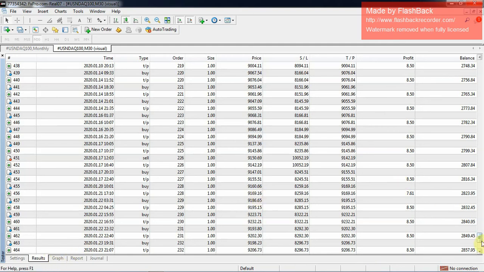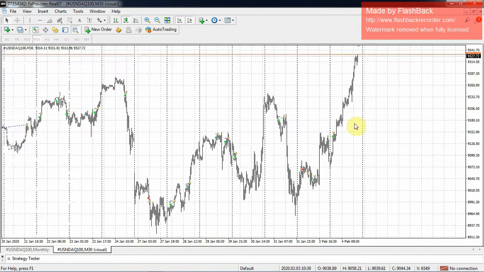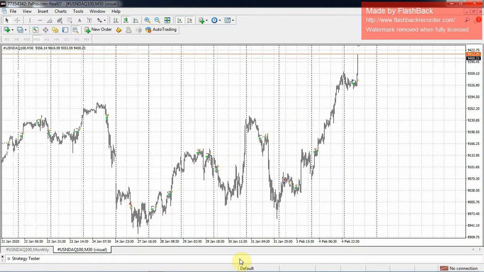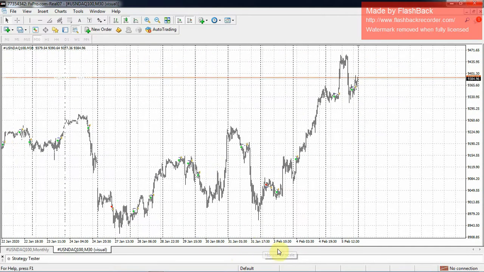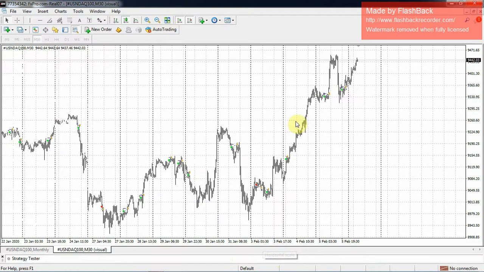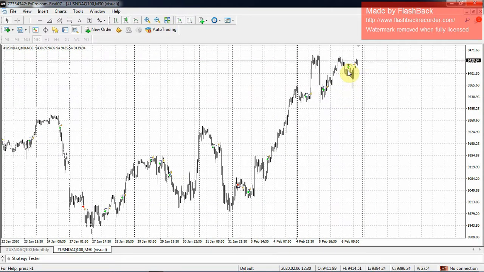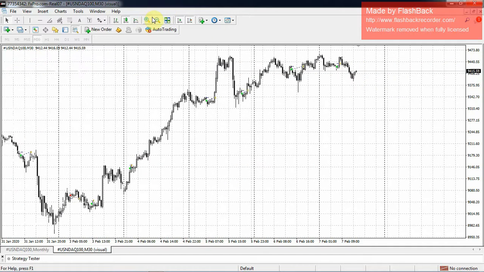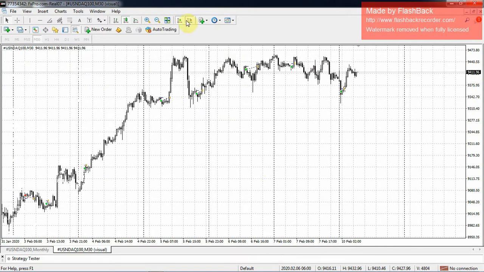So what we are doing is reducing the lot size to reduce the risk, then increasing the stop loss so that we don't get hit, then buying and selling on strategic points. That's the logic we are using on this robot here. So the huge stop loss is compensated by the reduction of the lot size, the risk.